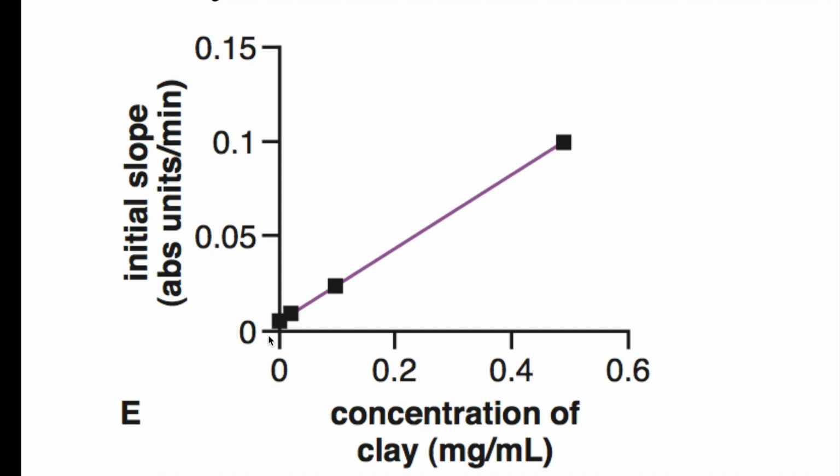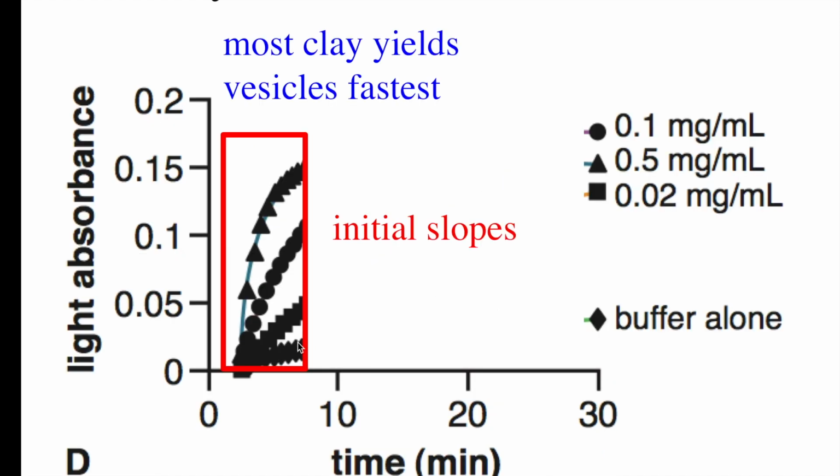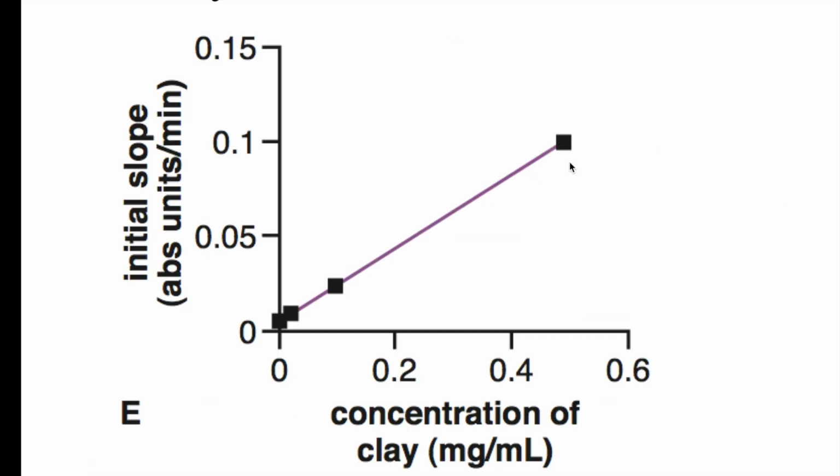And if you just look at the slope, okay, so rise over run, how fast are they increasing versus time, that's a ratio, and if you just look at those ratios, it's directly proportional to the concentration of the clay that they add. So as long as there is enough hot dogs to eat, the concentration of clay acting like a catalyst makes the reaction go faster.